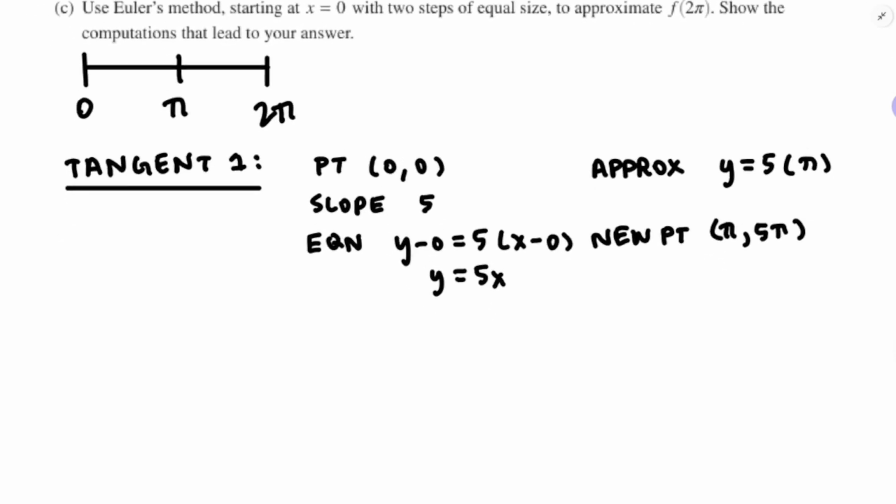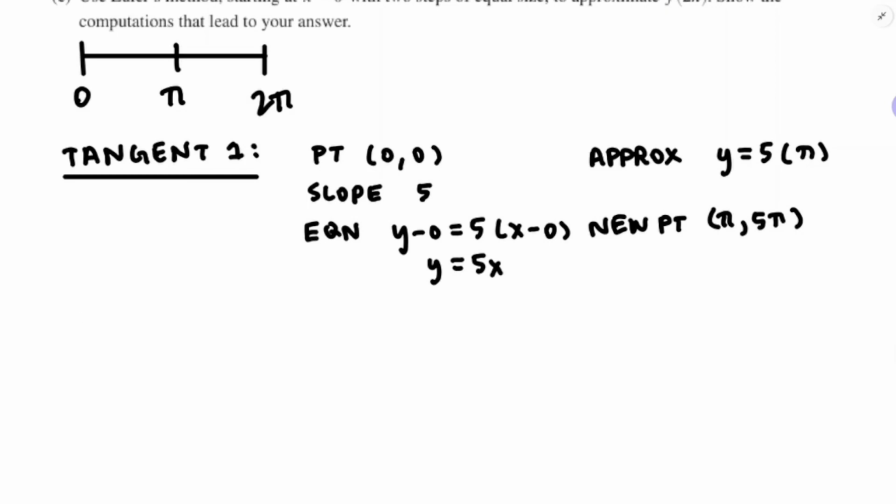Okay, now I'm ready for tangent line 2, my second step. And if you're sitting there thinking, dude, there's a formula for this, I know. I actually probably know the formula, but in my opinion, students in my class, I've always told them to just do 2 tangent lines. First step of Euler's method is a tangent line. Second step of Euler's method, also a tangent line. There's so much stuff you have to memorize for Cal BC that I just don't think this formula is worth it.